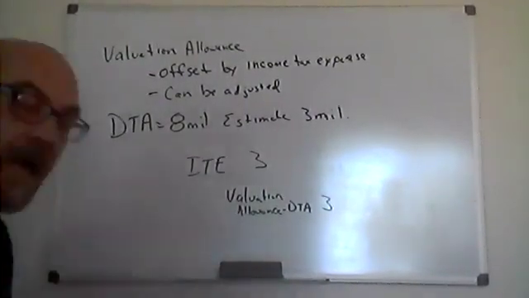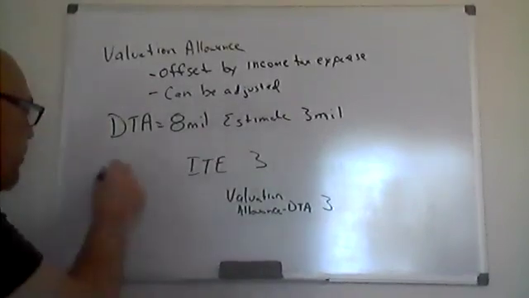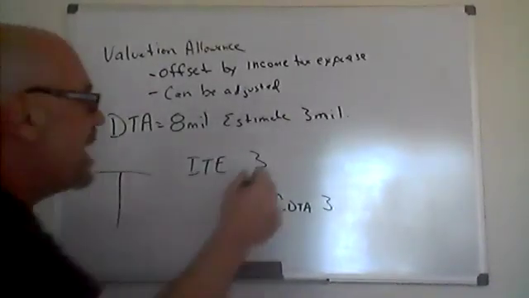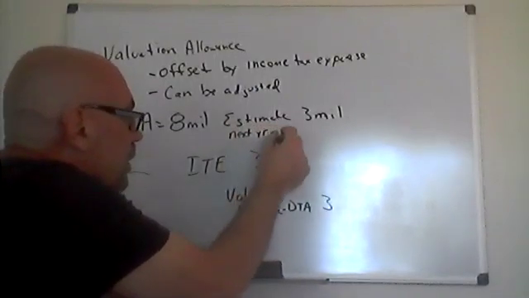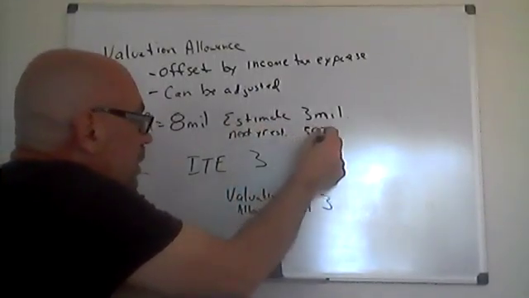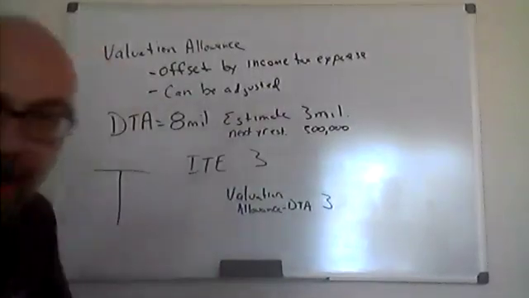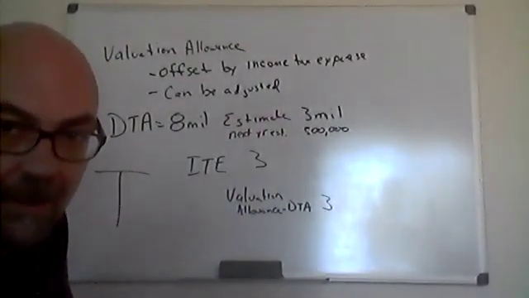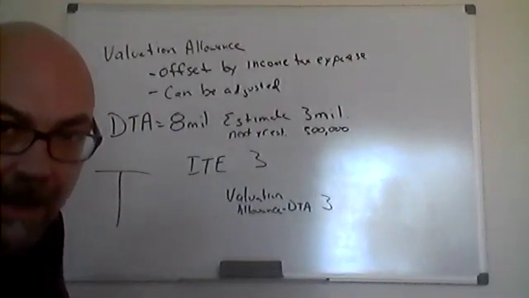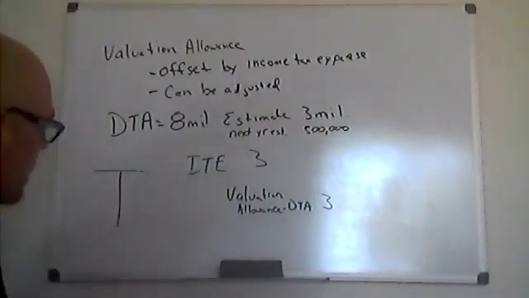Okay, so as I said, what if they had a great year though? And then the next year, they had a great year, they use up a lot of that. So now they only estimate that 500,000 of this deferred tax asset that they had built up is going to be unrecognizable.